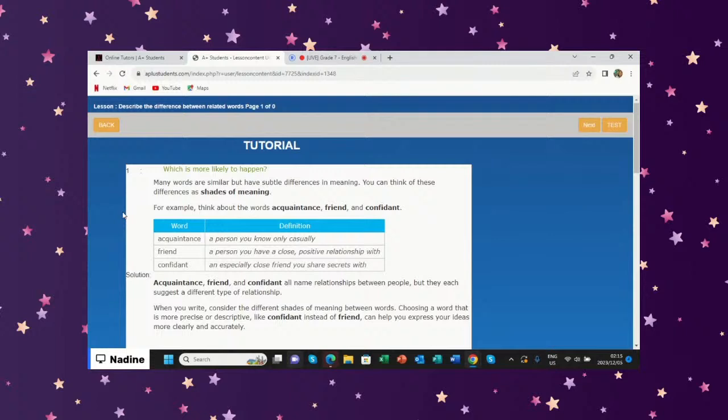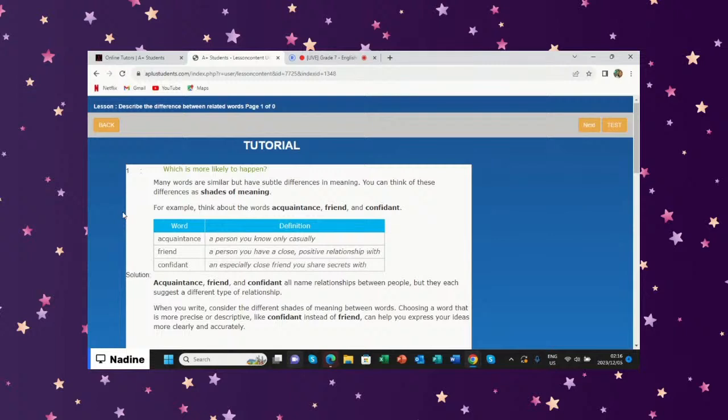These are three words that people mainly use, especially when they're referring to someone that is kind of close to them, someone that they can rely on, or someone that they have, let's say, a good relationship with. And if we look at the meaning of these three words, which is acquaintance, friend, and confidant, right?